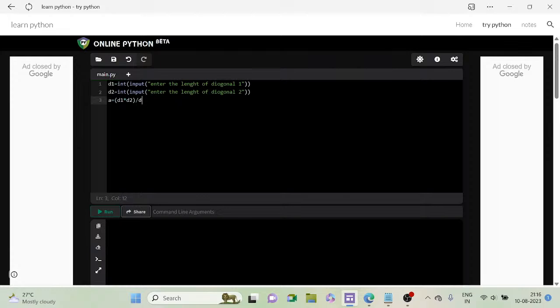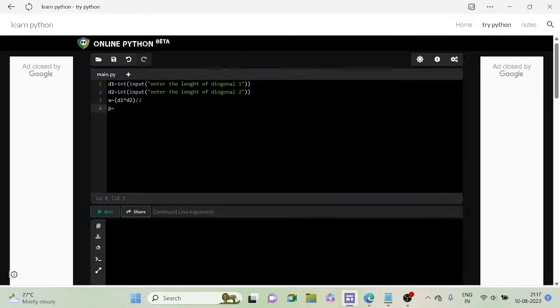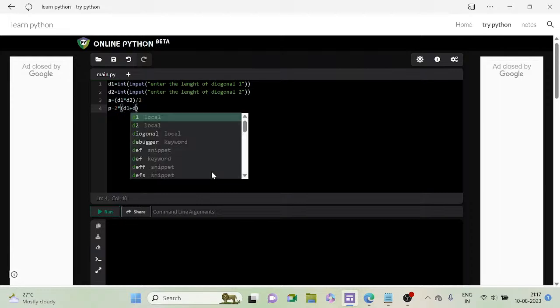In the next line, perimeter. The perimeter of a kite is 2 into d1 plus d2, so we give 2 into bracket d1 plus d2.